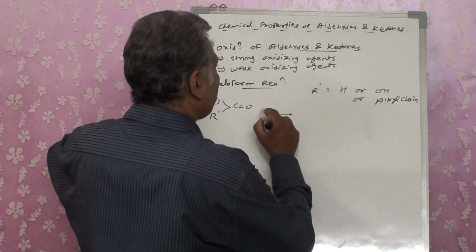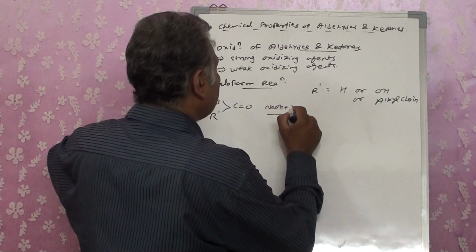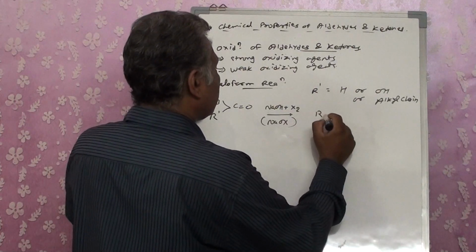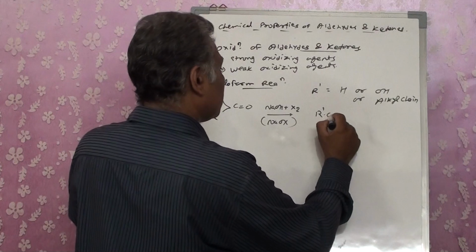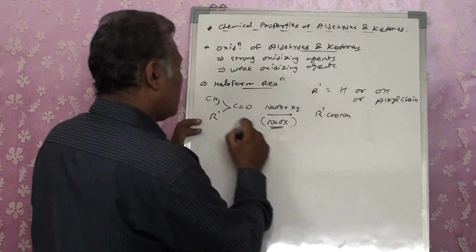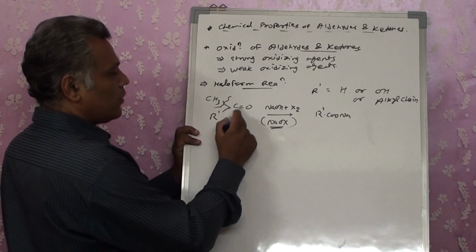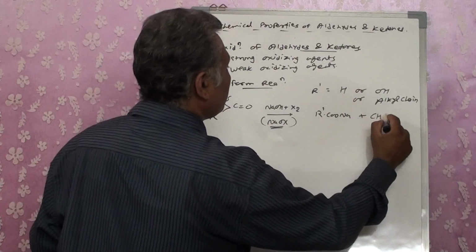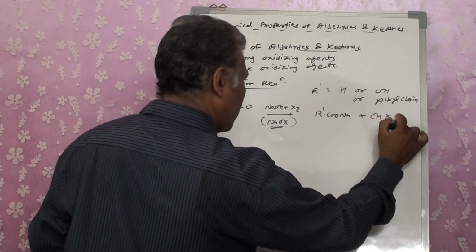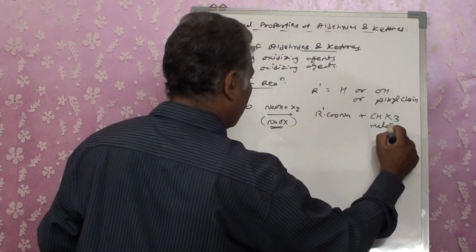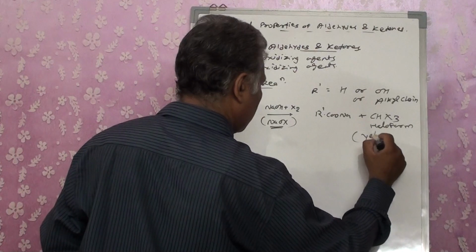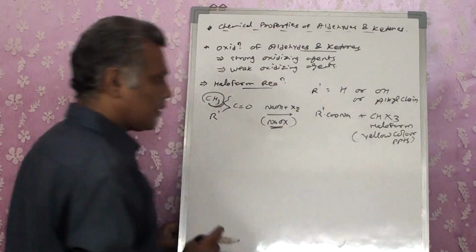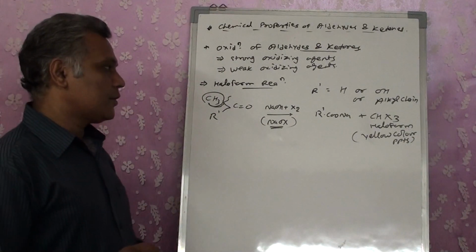This will react with NaOH plus X2, that is NaOX. It gets converted into R COONa. From here the chain breaks and it gets converted into RCOONa, and the CH3 group gets converted into CHX3, haloform, which is a yellow precipitate.